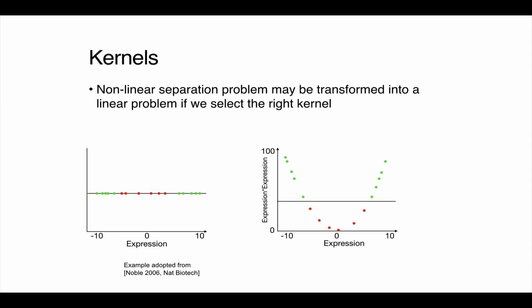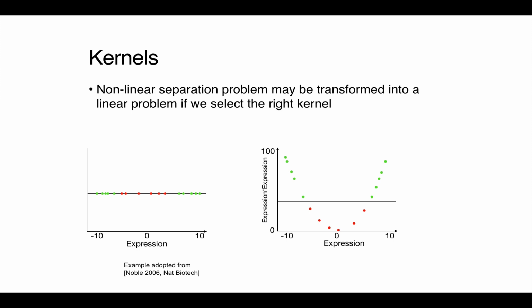A support vector machine can be combined with a kernel as well. So rather than taking direct input from the weights, we can convert our features into a space where they are better separable. Here I demonstrate this with an example from Noble 2006, Nature Biotech.